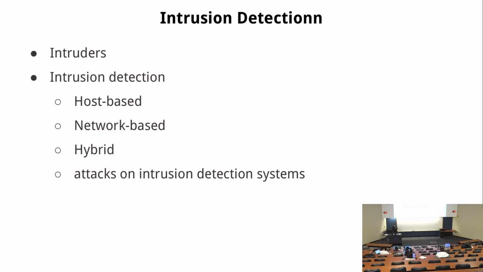And for any attack, we want to detect it, we want to prevent it. Before detection, maybe the best thing is we can prevent it from happening. But if that failed, at least we should be able to detect it. Then after detection, we want to respond.